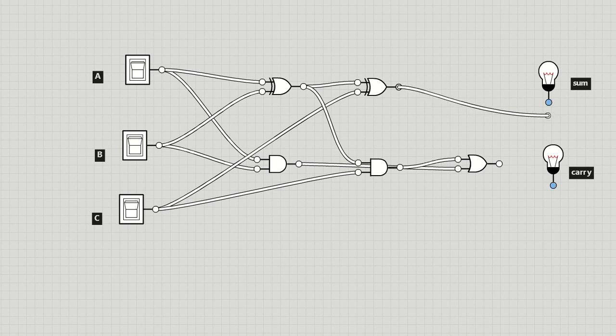Now the bulb is connected. Now the circuit is constructed as per the truth table.